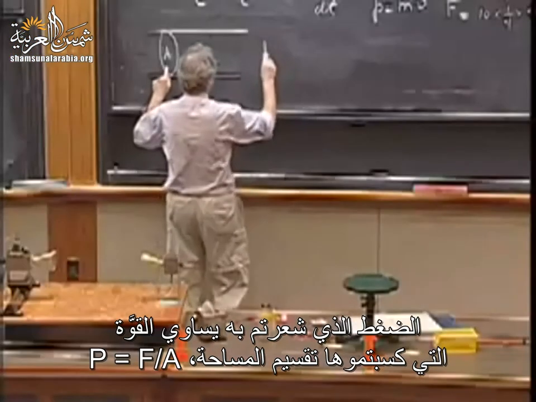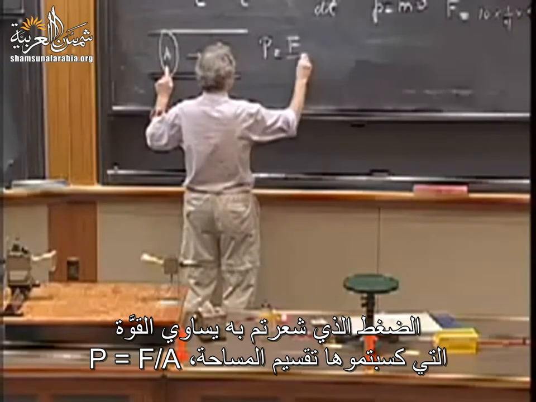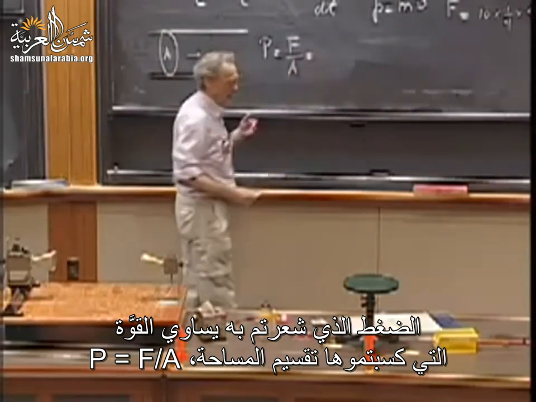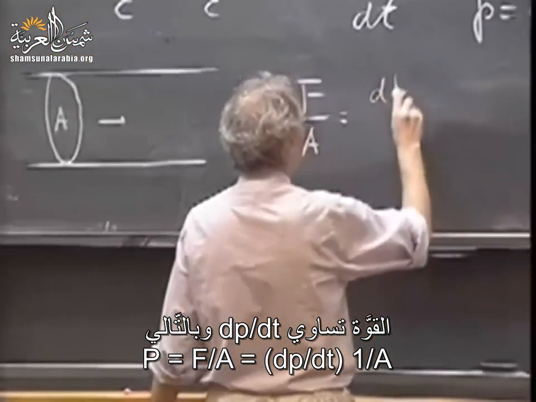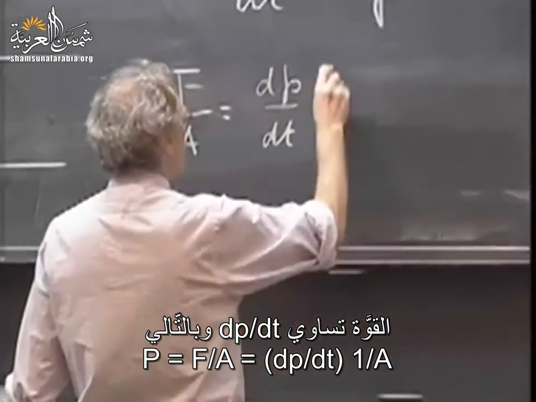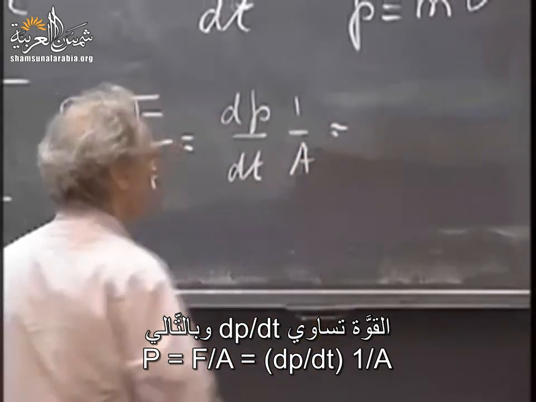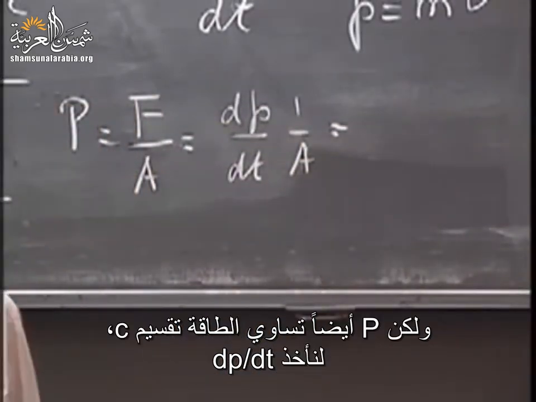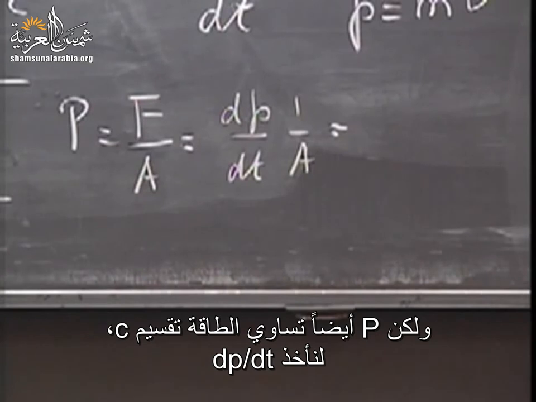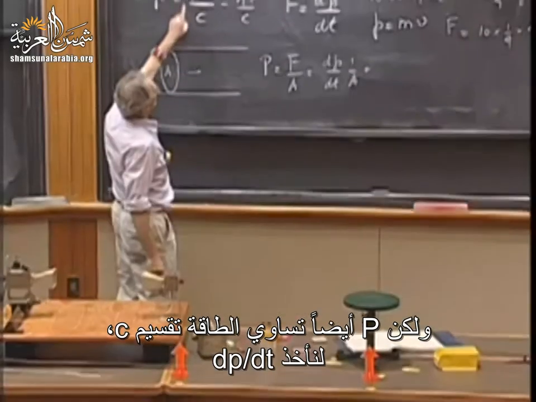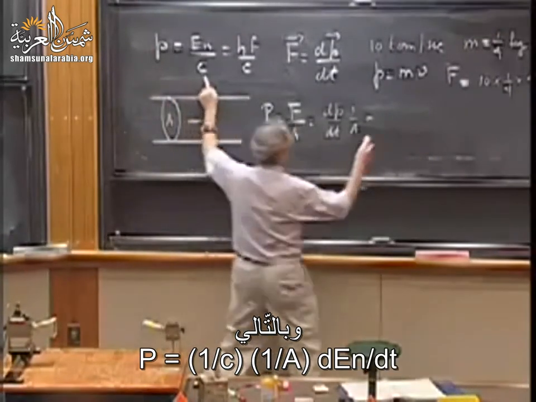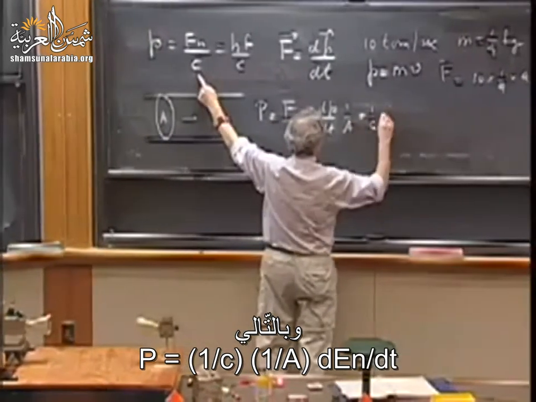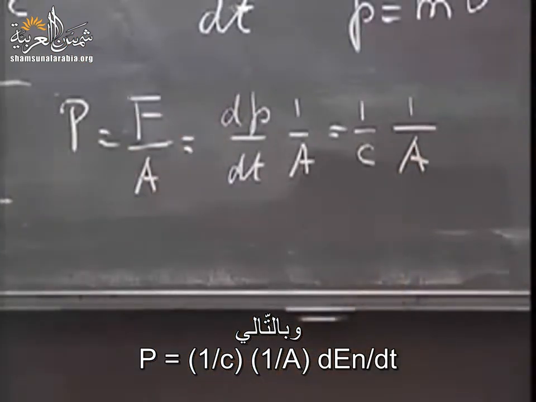The pressure that you feel is obviously the force that you experience divided by the area. The force is dP/dt divided by the area. But that is also, if P is the energy divided by c, I take dP/dt, so I get 1 over c, then I get my 1 over A, and then I get dE/dt, E being the energy now.